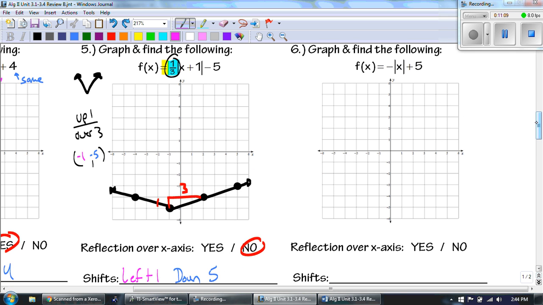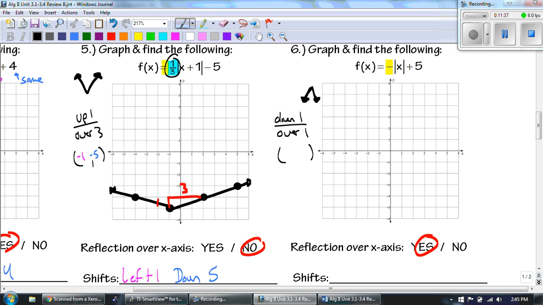All right, number 6. Is there a reflection? Yep. That means we're going to be going down. Now, what's the number out in front? There is no number, so that just means it's 1. So we're going to go down 1, over 1.